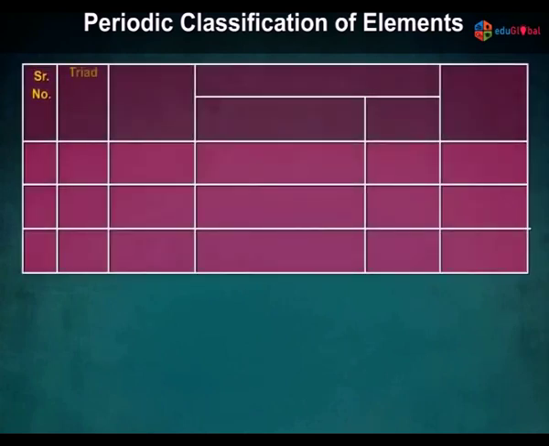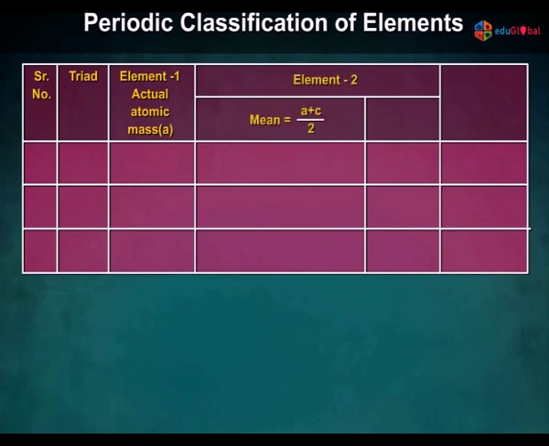Serial number, triad, element 1, actual atomic mass A, element 2, mean equal to (A + C)/2, actual atomic mass, element 3, actual atomic mass C. 1.